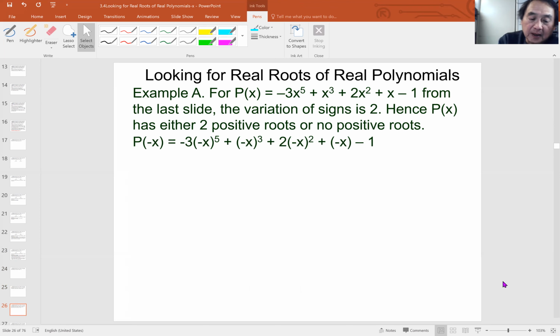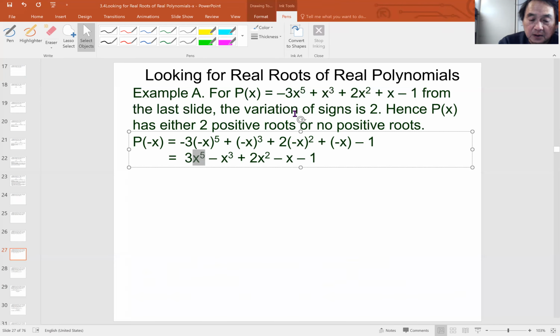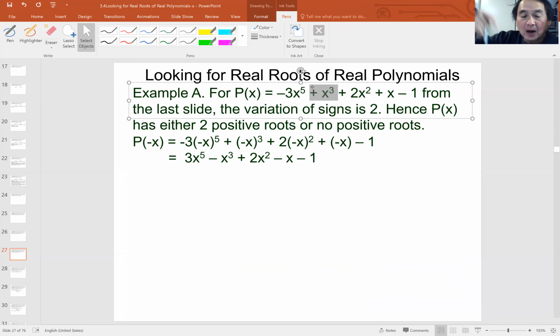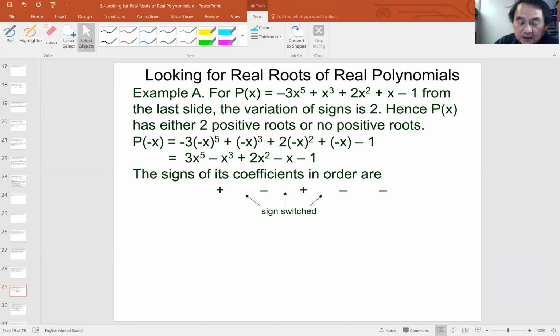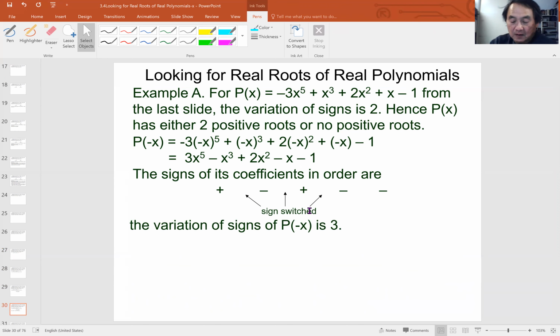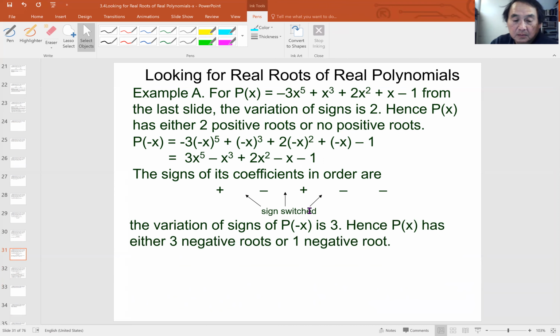Now we plug in negative x, which switches the odd power terms to the opposite sign; the even ones, of course, stay the same. Then we count the variation of signs for this one. There are 3 sign switches, hence the number of negative roots could be 3 or 1.